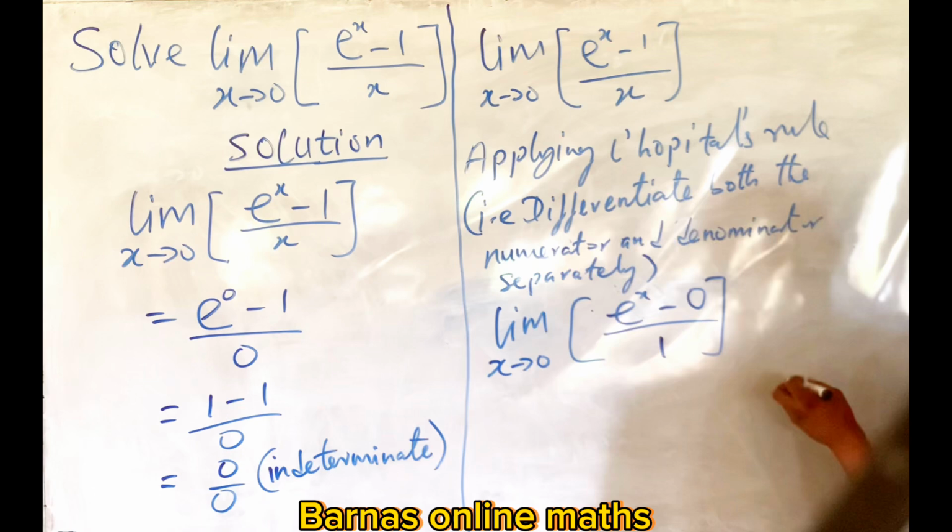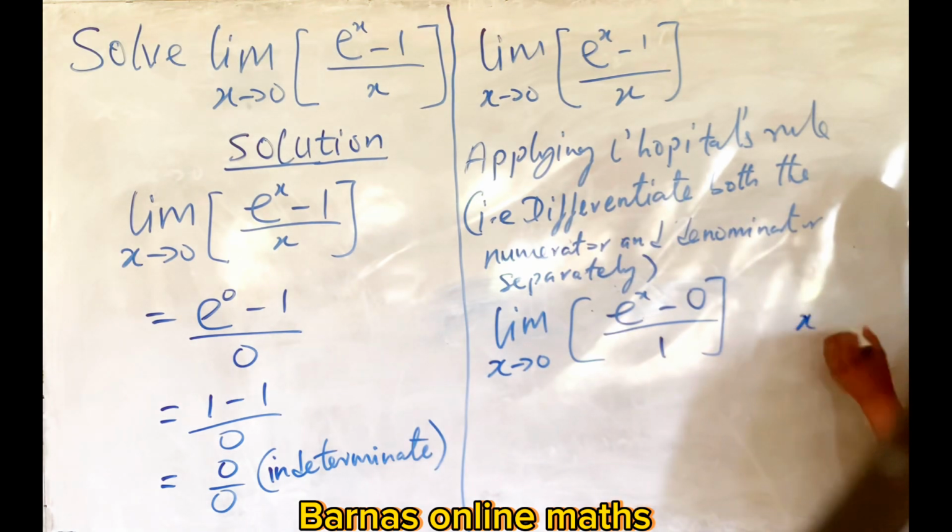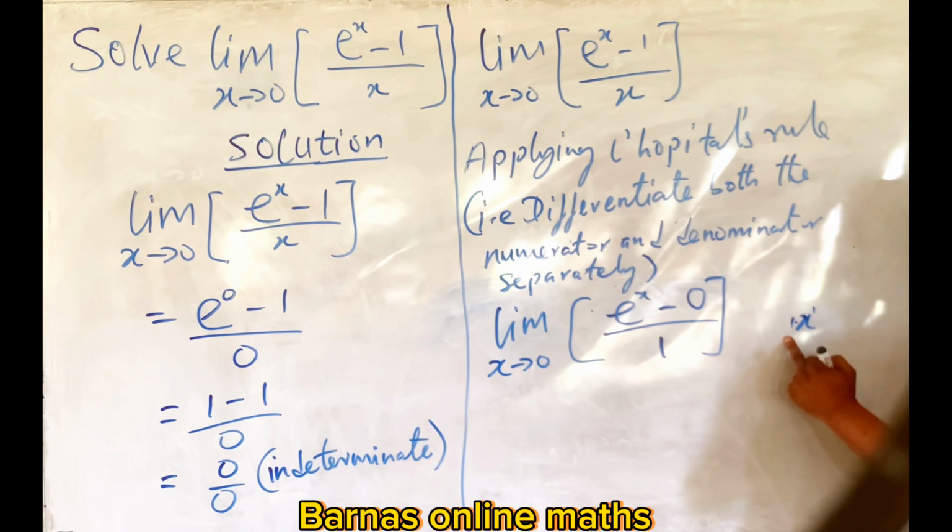How did we have 1 here? We're trying to differentiate x, for instance. So here you ask yourself, what is the power of x? It is 1. The coefficient of x here is also 1. For you to differentiate, you multiply the power by the coefficient. After that, you subtract 1 from the power. If we do that, 1 times 1 will give us 1 times x to the power 1.